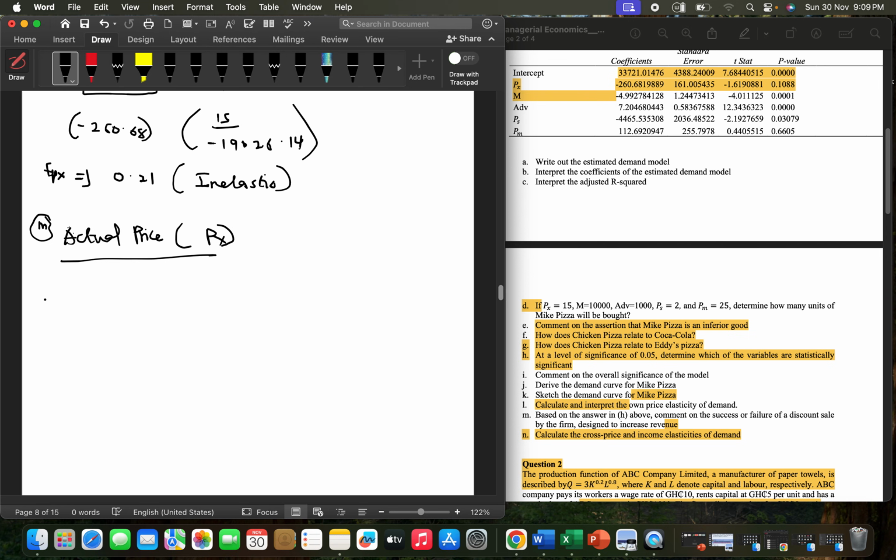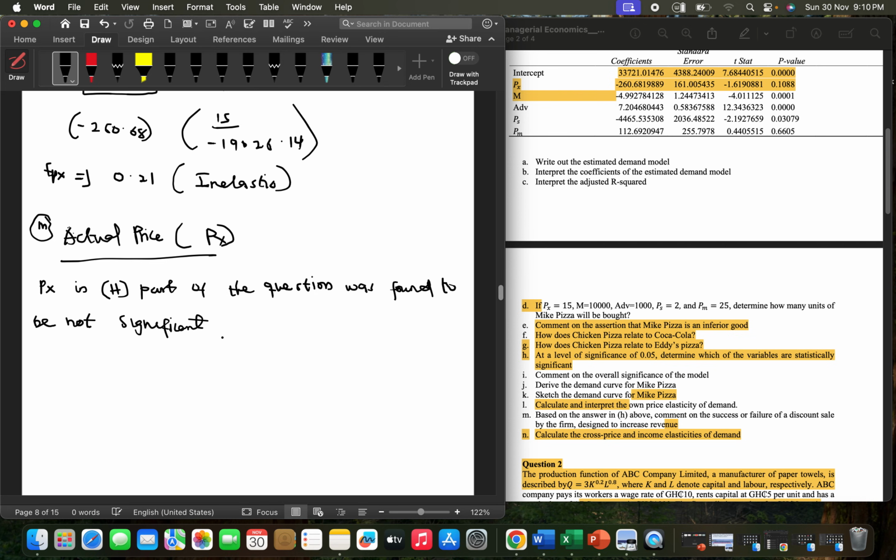So PX in each part of the question was found to be not significant.